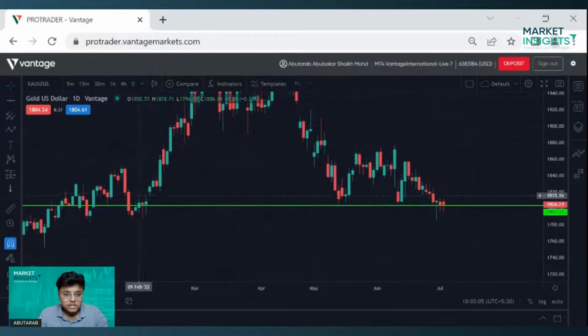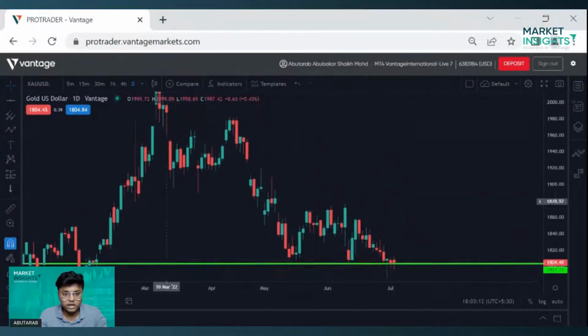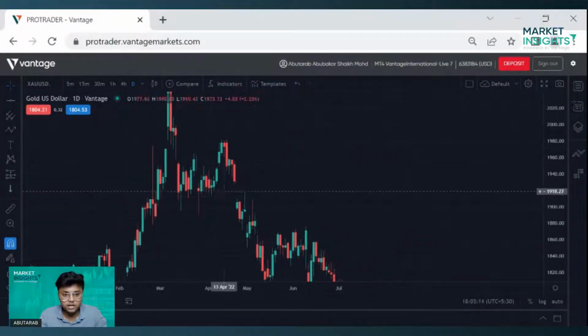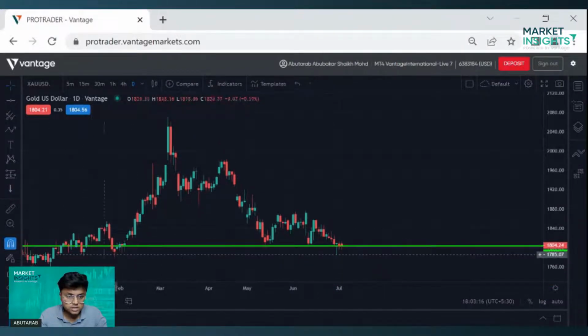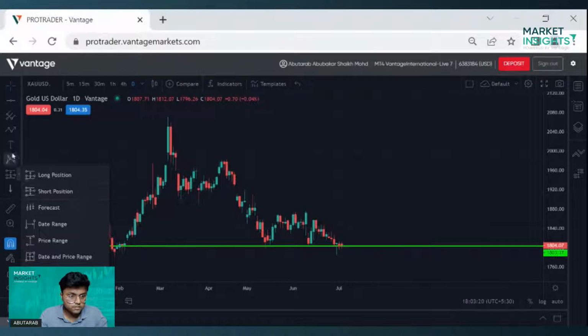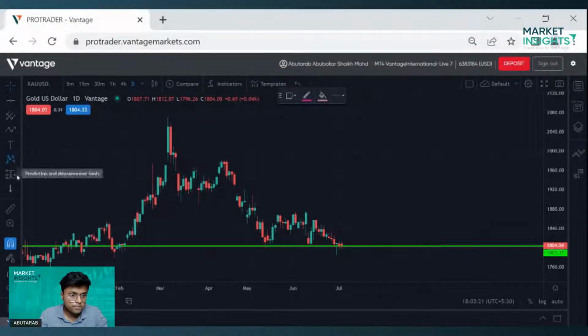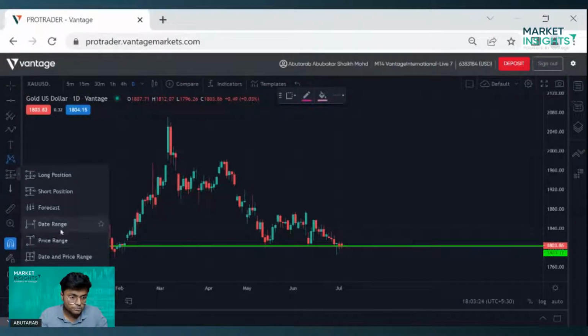It has gone back to its resistance, tested, and then it went up. There was a very sharp uptrend. This is a sharp one. You can see the bars. Let's see how many bars we have got.